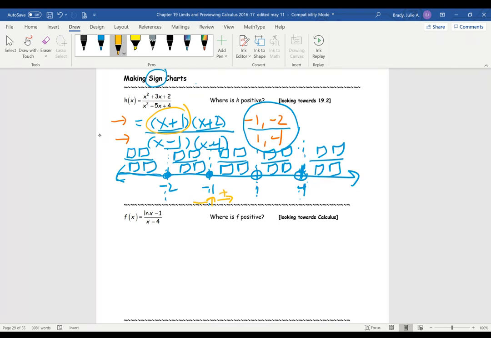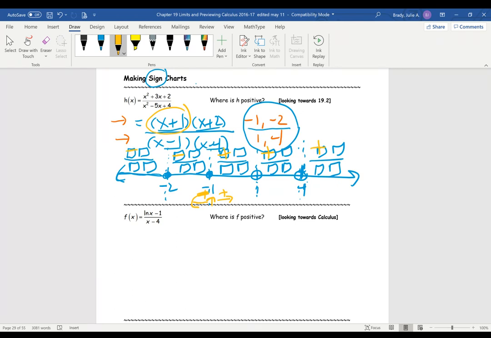But if you pick a number that's less than negative 1, that factor will always be a negative number. I'm going to put that symbol in the little box that represents that factor. So if I pick a number bigger than negative 1, that's a plus. If I pick something less than negative 1, that's a negative.